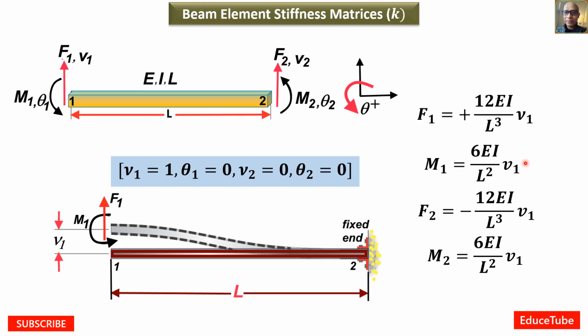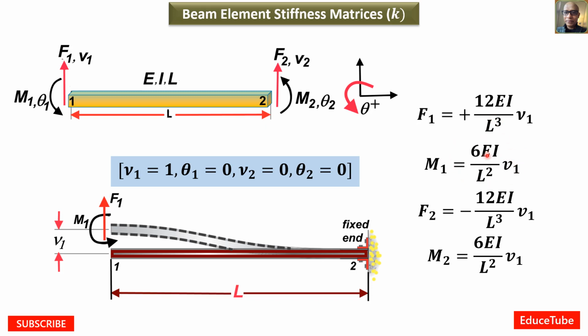Now adding these two moments, M1 plus M2 divided by L, I get this F1. And F1 and F2 will have opposite signs, so this is plus, this is minus.